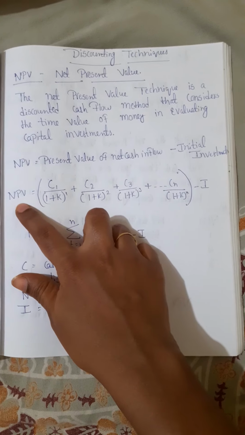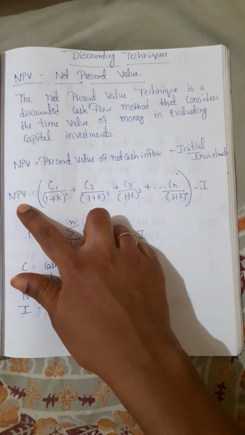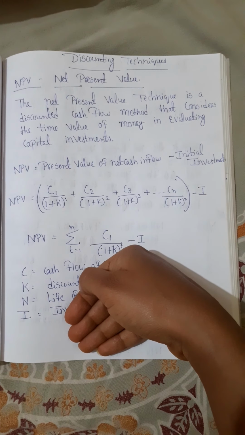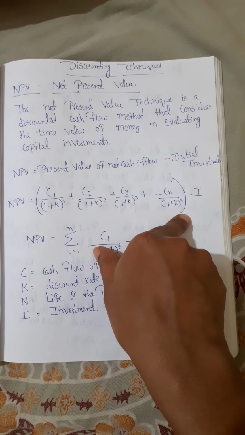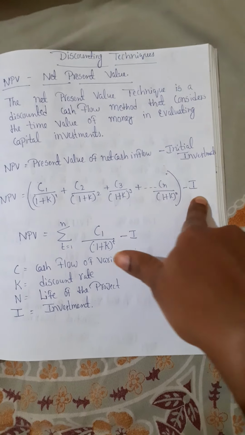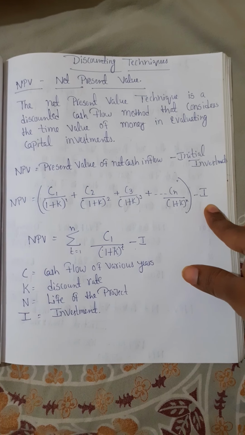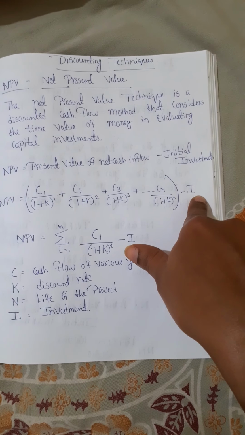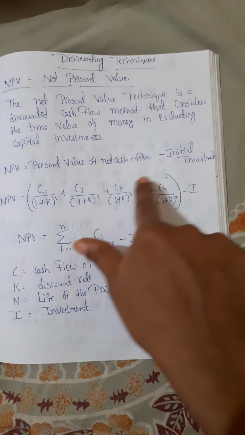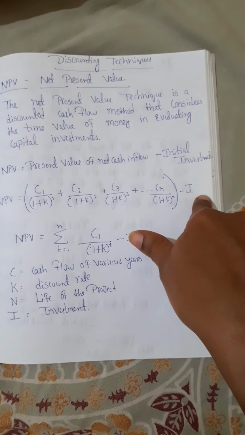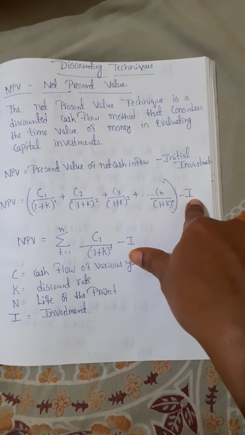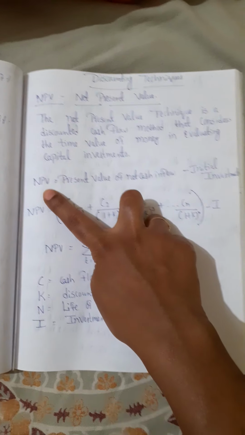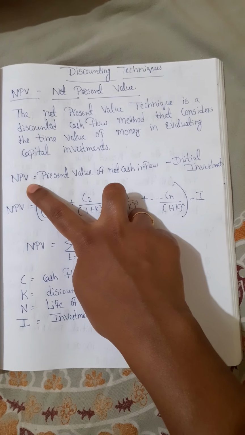When I want to know how much my net present value is today, how much benefit it is going to bring, I have to discount all the future cash flows and deduct my expense, that is the initial investment. These are the cash inflows, and I is the initial investment, the cash outflow that goes out of your pocket. That's how you get the net present value.